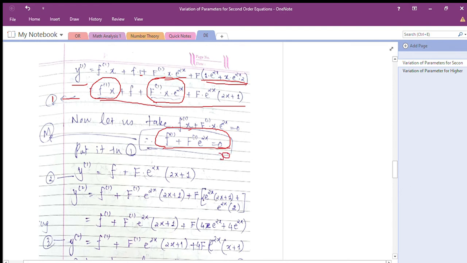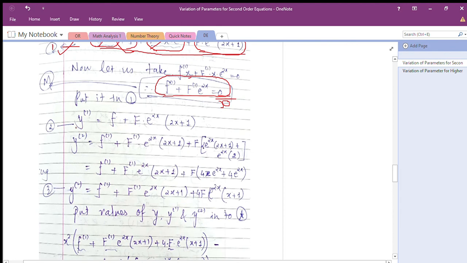So 0 by x is 0 again, so call it m. Now put this m into this 1, so this vanishes, this one also vanishes, so we are left with only f and capital F e raised to 2x bracket 2x plus 1. So that is y1.